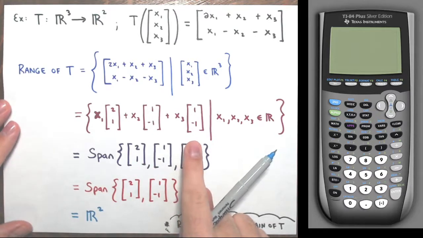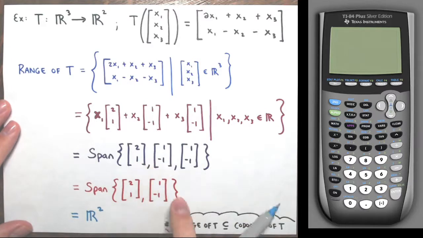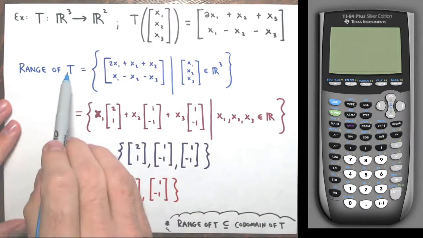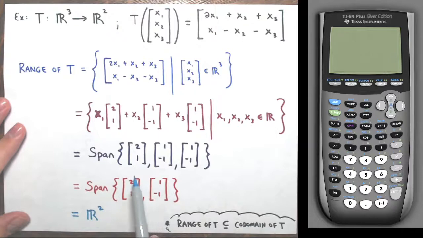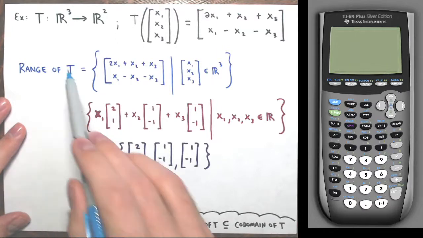So the only 2 I really need are these 2. I could say the range of T, the range of this transformation, is the span of vectors (2, 1) and (1, -1), or the set of all linear combinations of these 2 vectors. And this set of 2 vectors is linearly independent, so this would form a basis for the spanning set, for the range.